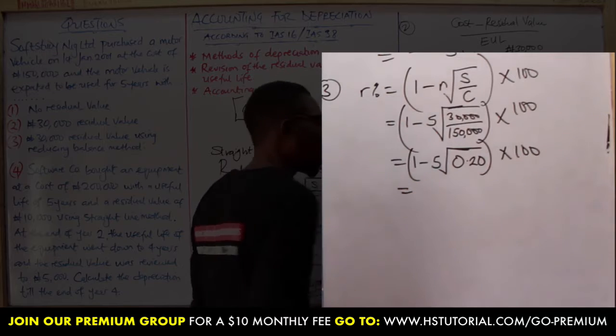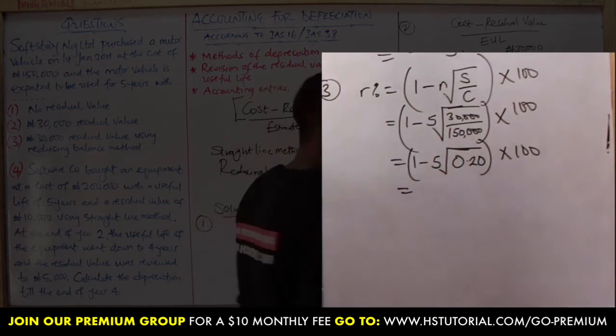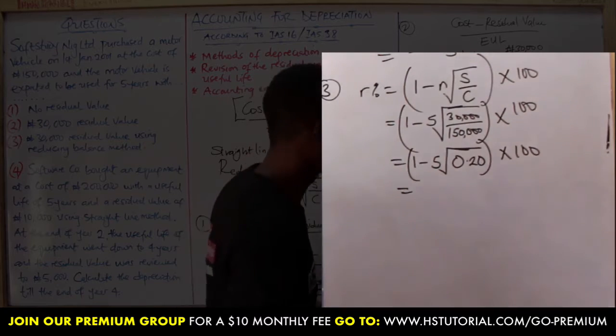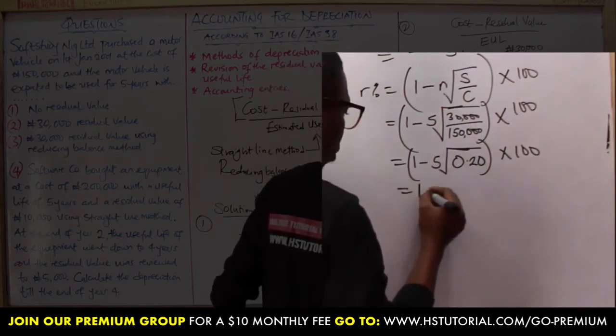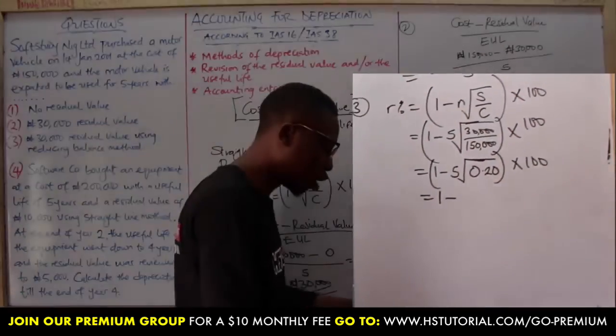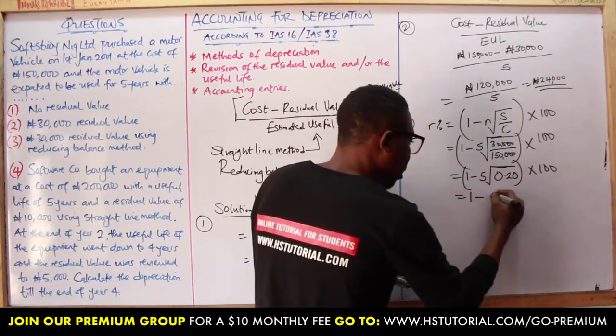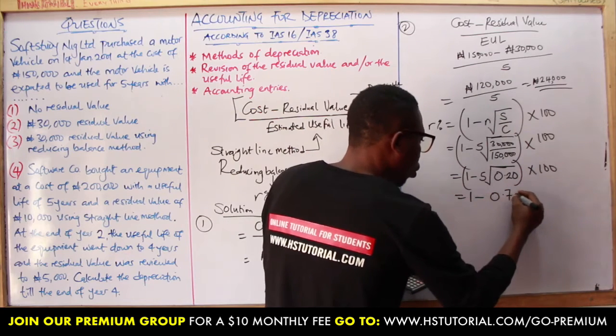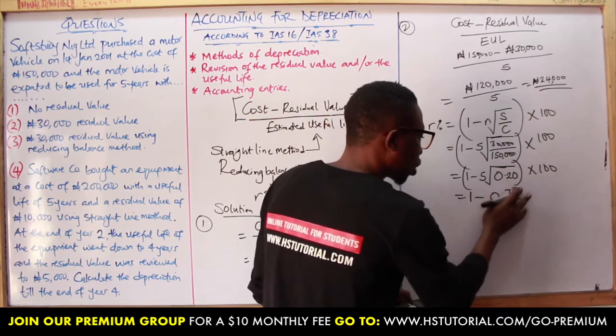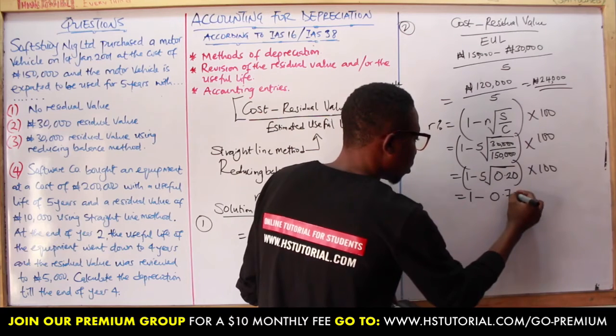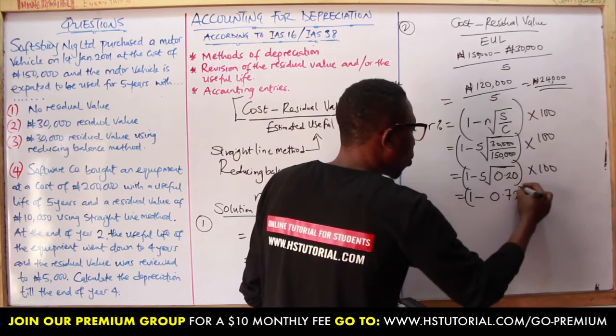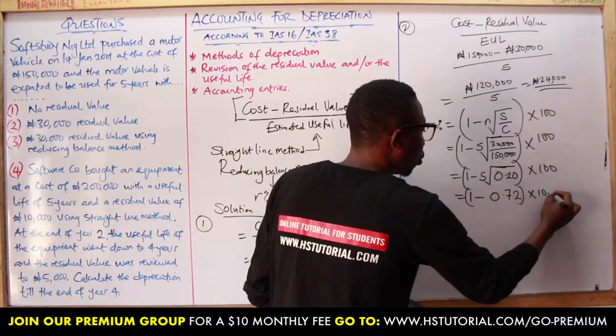Now you can say the fifth root. How do you get the fifth root on your calculator? You first say 1 minus the fifth root of 0.2, which will be 0.72. Actually, I have approximated this. 0.72 multiplied by 100.